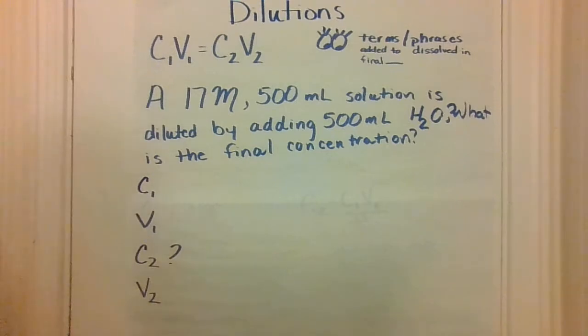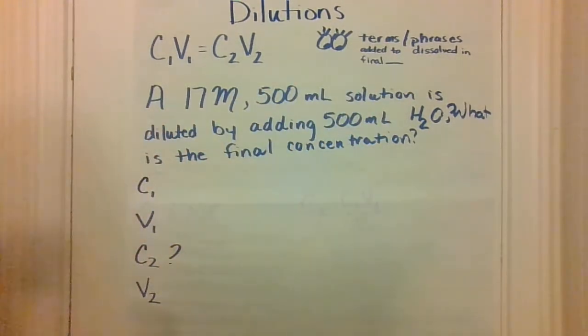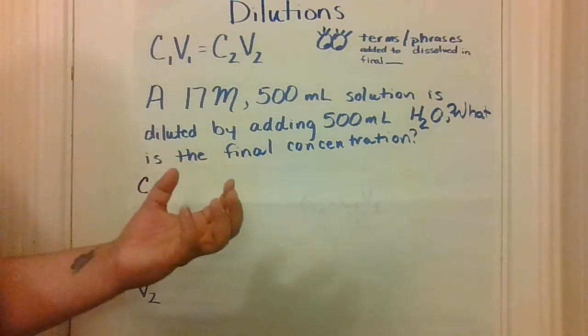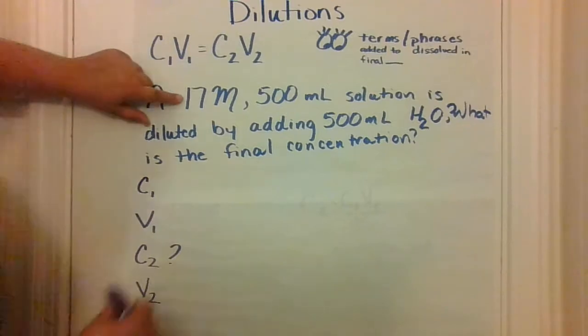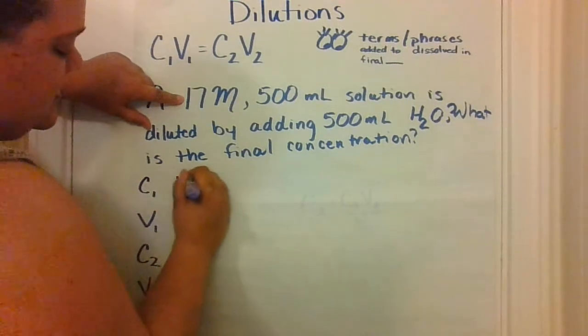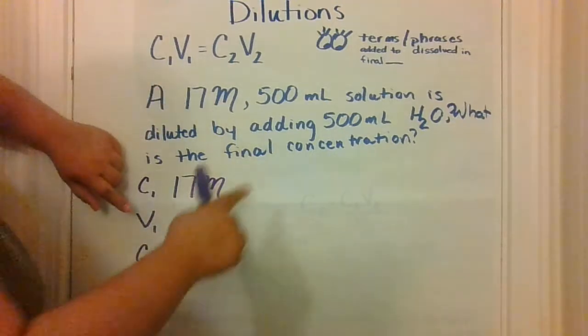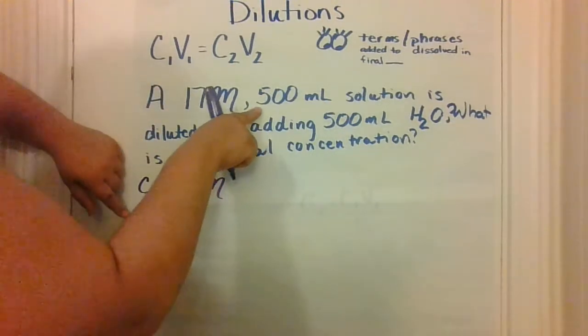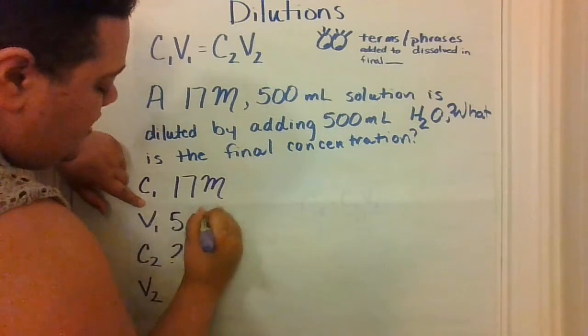Is diluted. So when we see is diluted, that lets us know this is as strong as it's already going to be. We need to make it weaker. So we have our concentration of 17 M. We have an initial or beginning volume of 500 mLs.